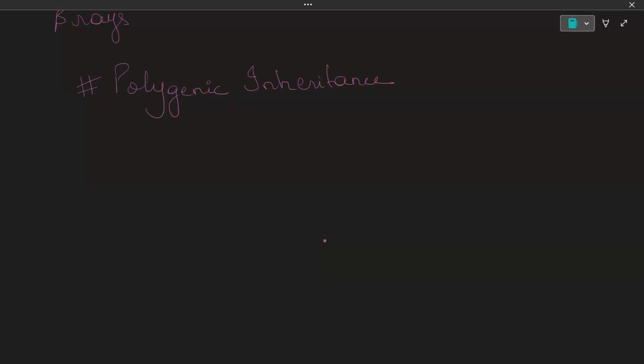Like, for example, if we talk about human height, the height in the case of humans. Not every single person here is a dwarf, nor is every single person 6 feet tall. There are so many people in between the two extremes, right? Isn't it? Yes, ma'am. So here we can say that there's such a huge range of possible height.